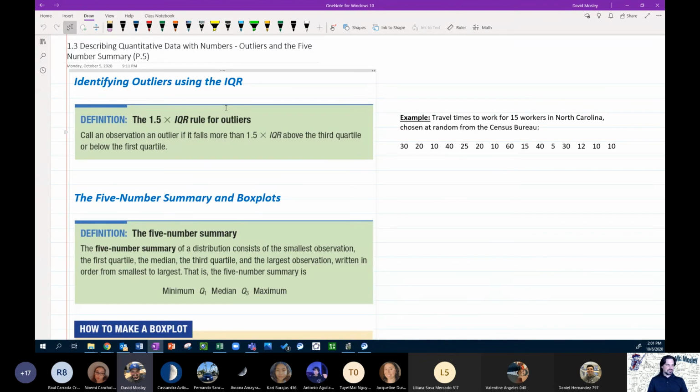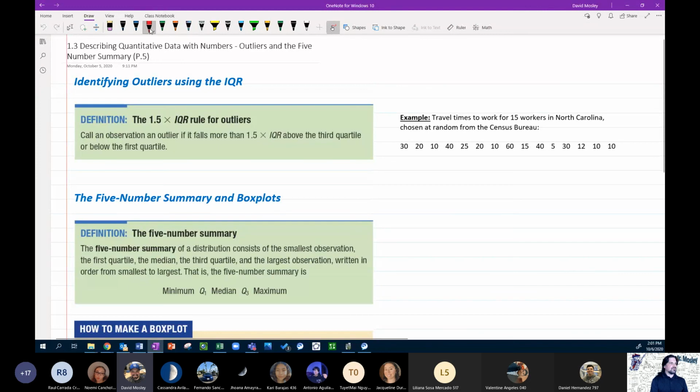With this strategy, we use the 1.5 times IQR rule for outliers. That means we're going to call an observation an outlier if it falls more than 1.5 times IQR above the third quartile or below the first quartile. So again, we'll look at our same example.